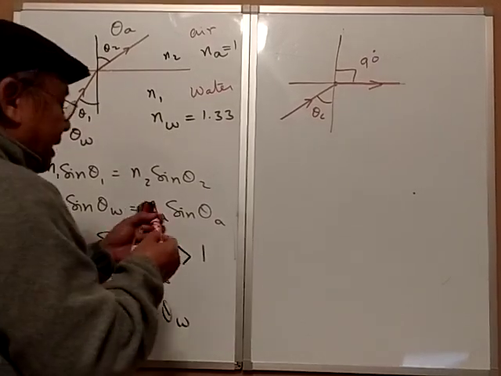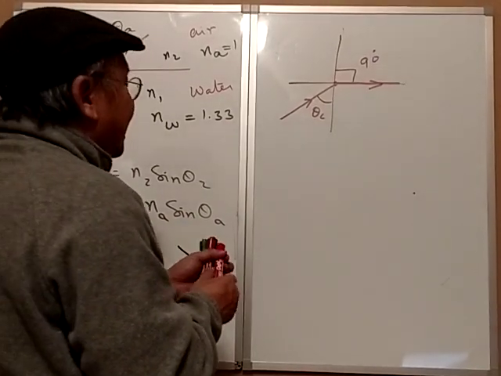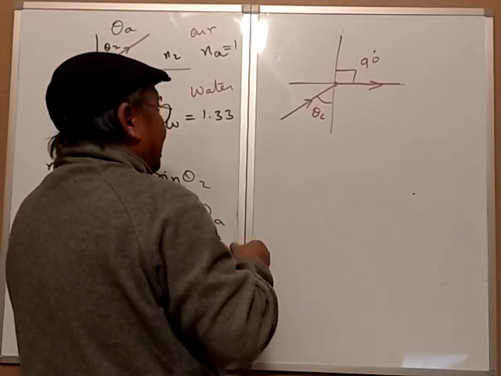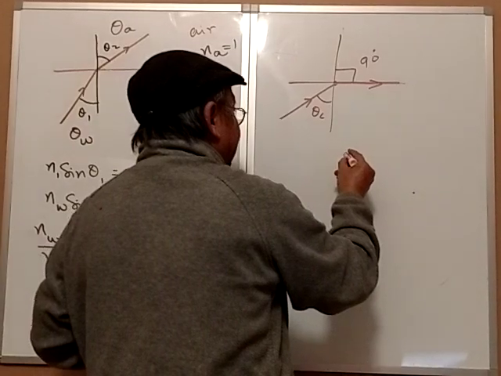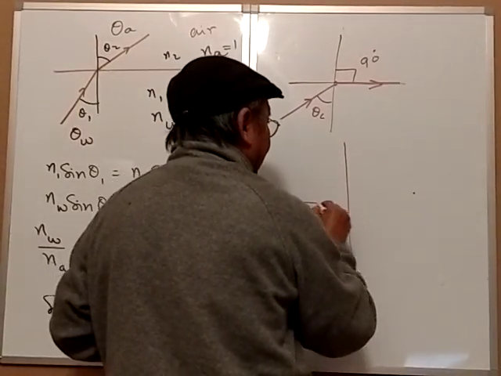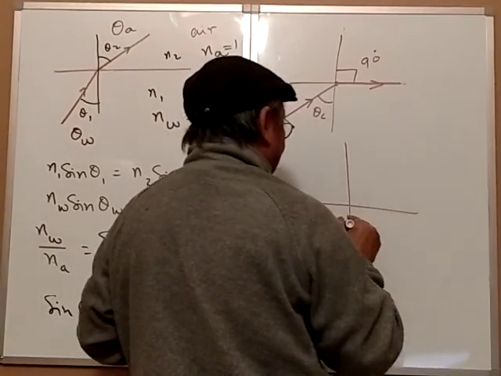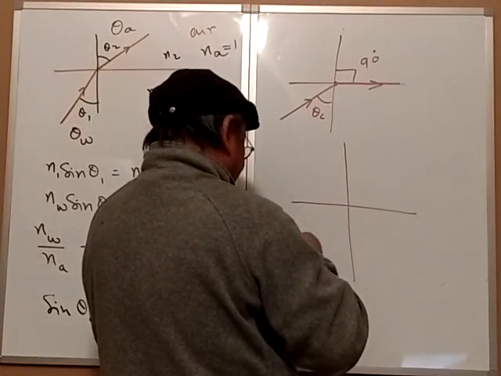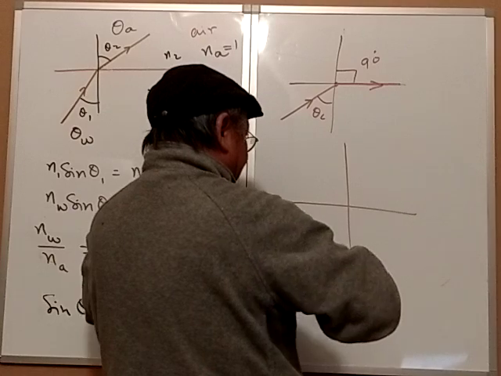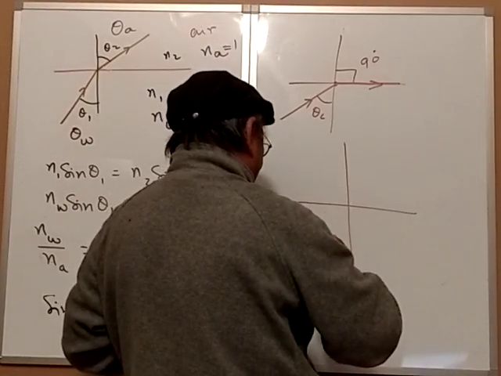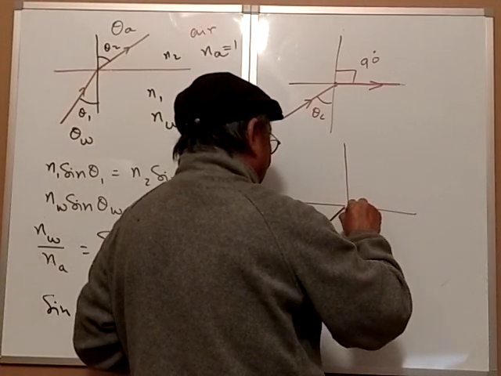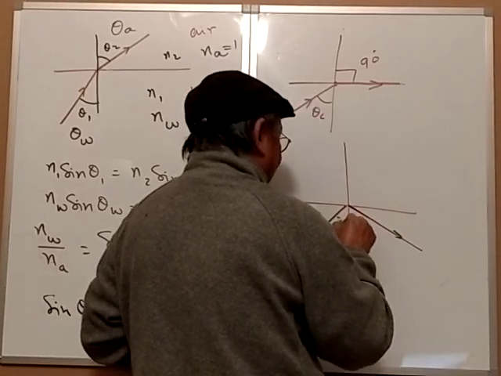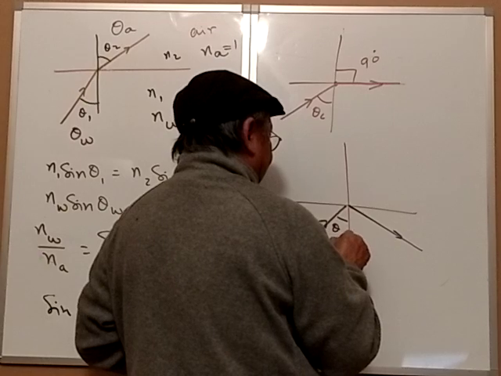Now, if you increase the incident angle even more, what will happen? Instead of going into the other medium, the light ray will just reflect, obeying the law of reflection, right?